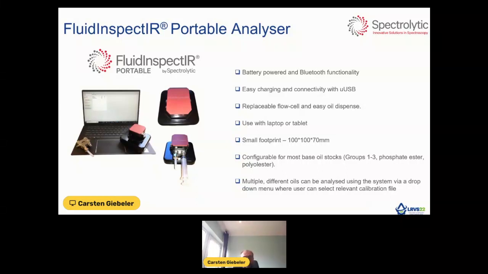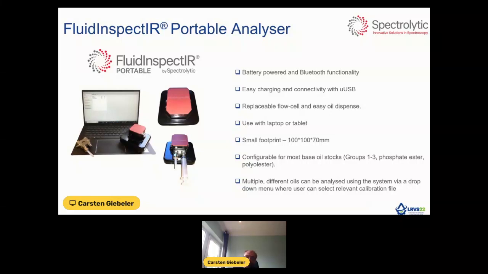And the portable analyzer can be configured to measure really any base oils from group 1 to 3, phosphate ester, polyol ester oils. For the group 5 oils, we need a different configuration. So depending on the application, you might need 1 or 2 systems, depending how many oils you want to measure.